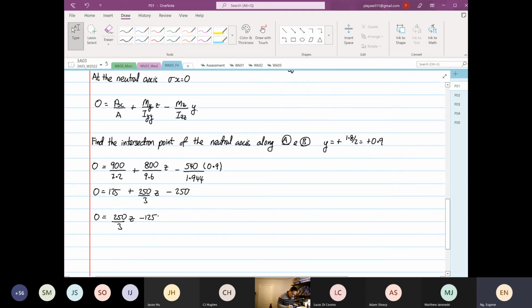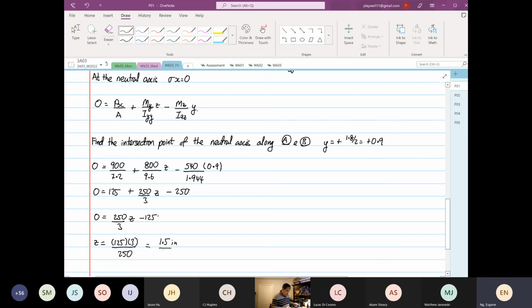So now we need to find z, which is equal to 125 times 3 divided by 250, so 125 times 3 over 250 is equal to 1.5.